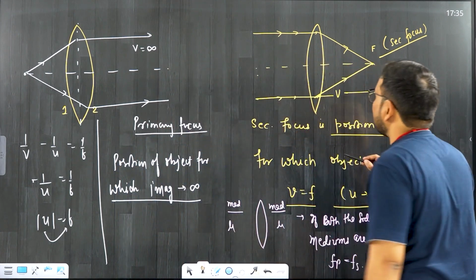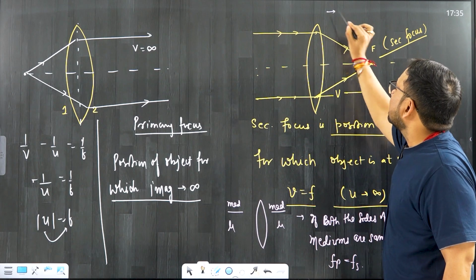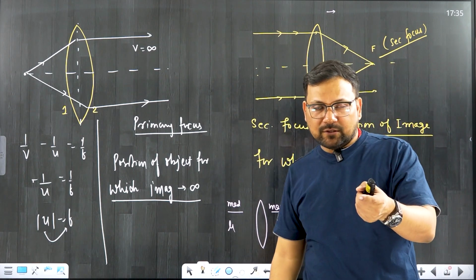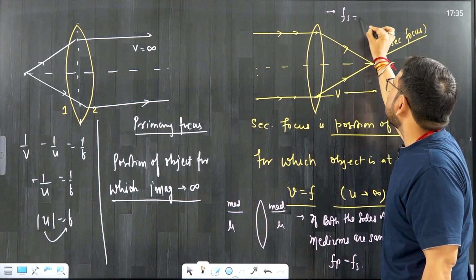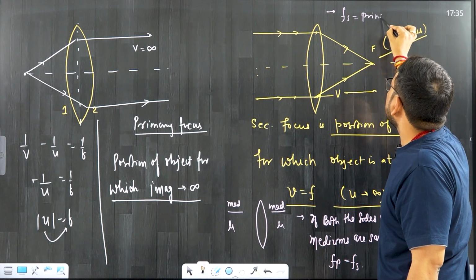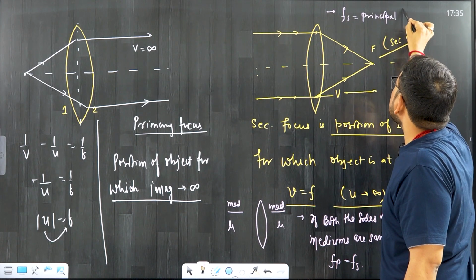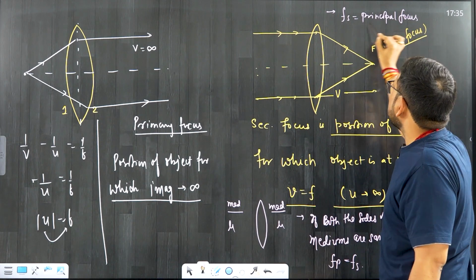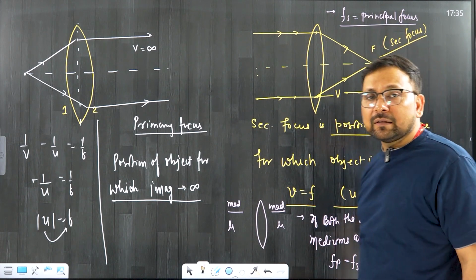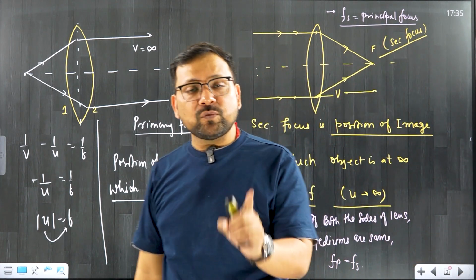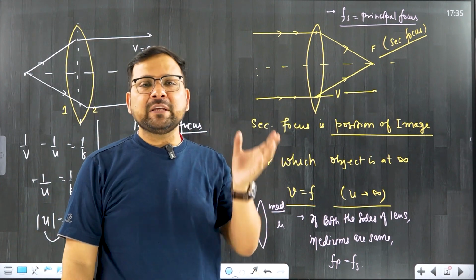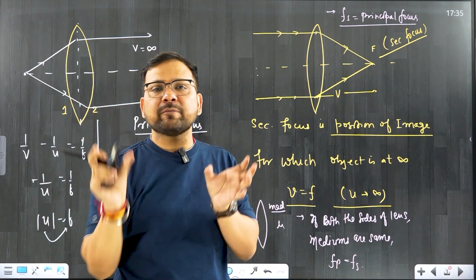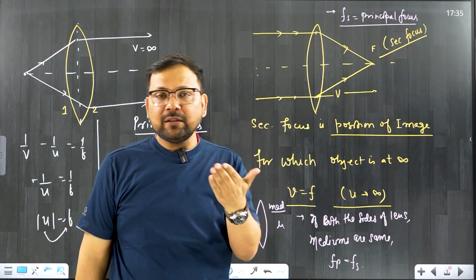The second point to keep in mind is that when we simply say focal length or focus, in general the secondary focus is the principal focus. So when we say principal focus, that is the position of the image for which the object is at infinity. Although if both media are the same, numerically the primary is 10 centimeter and the secondary is also 10, numerically they are equal.